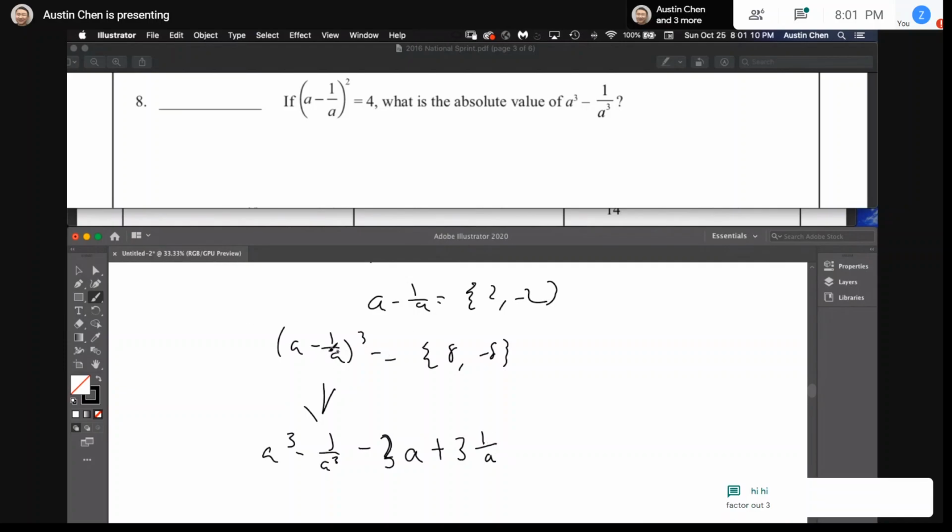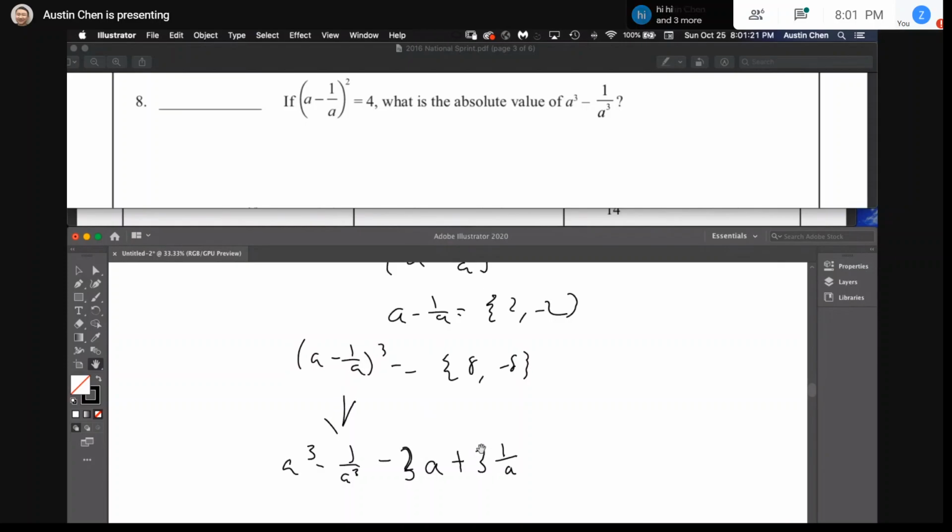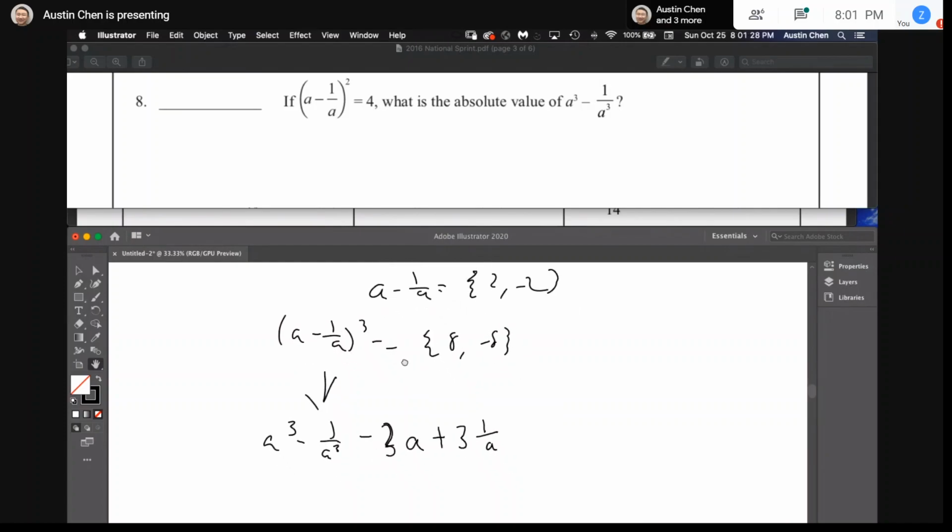Because how you do that is just like the binomial theorem. You have this squared times this times 3, and then this squared times that times 3. If you guys don't know the binomial theorem, you can just let me know and I can do that.